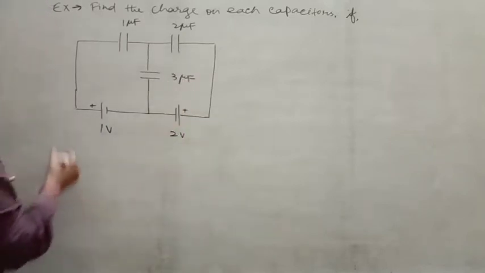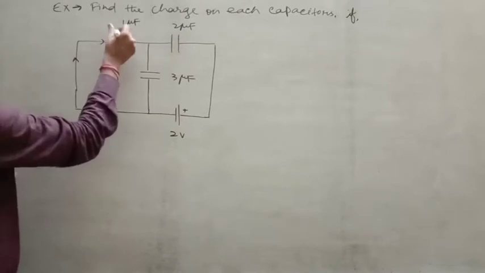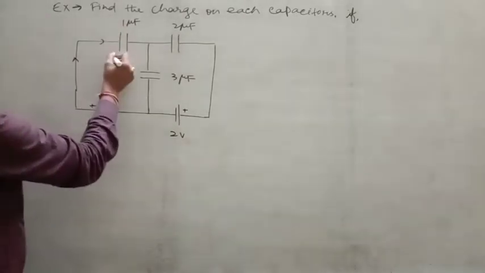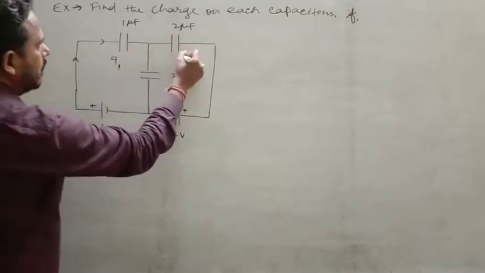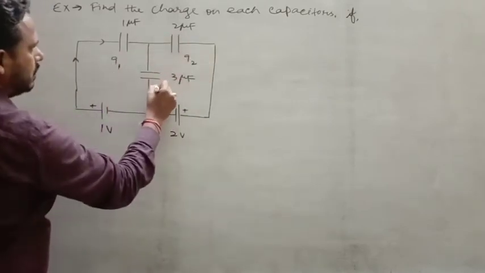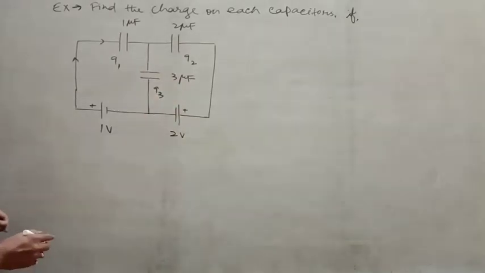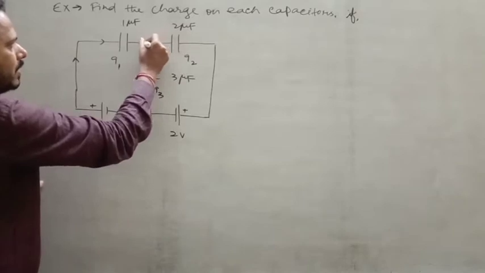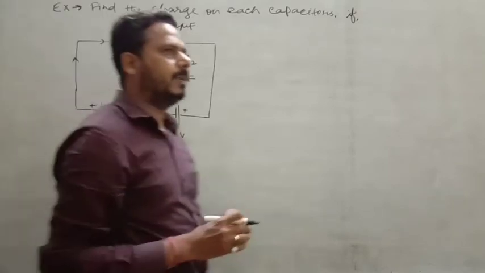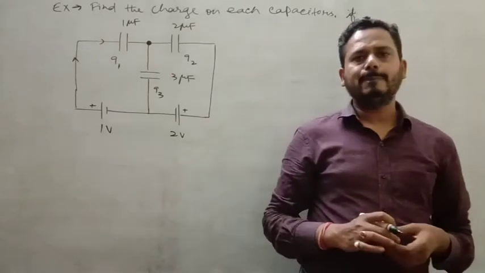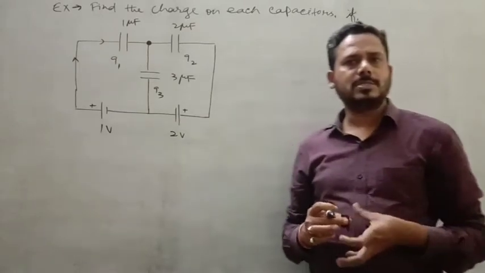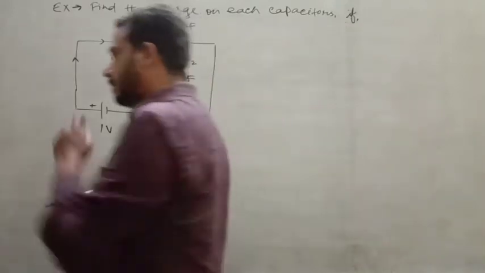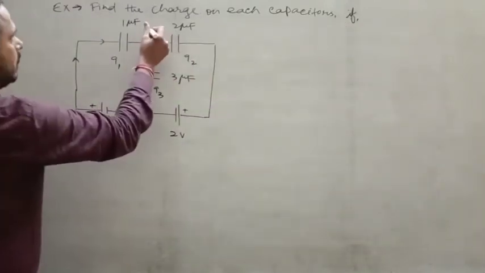Suppose the charge deposited on the plate of the 1 microfarad capacitor is Q1, for this one Q2, and for this one Q3. Then you use the first law of capacitor, which is just like Kirchhoff's first law, the junction law or node law.